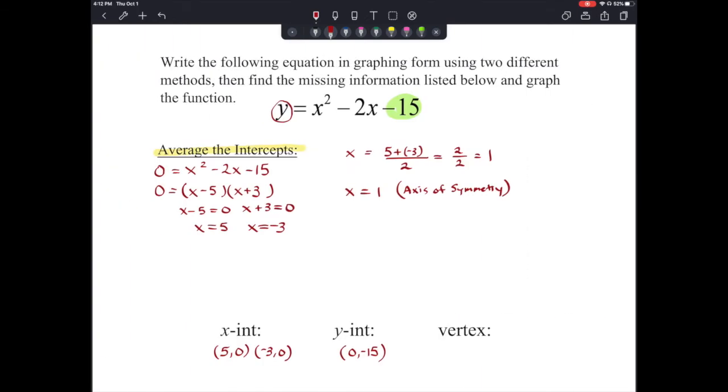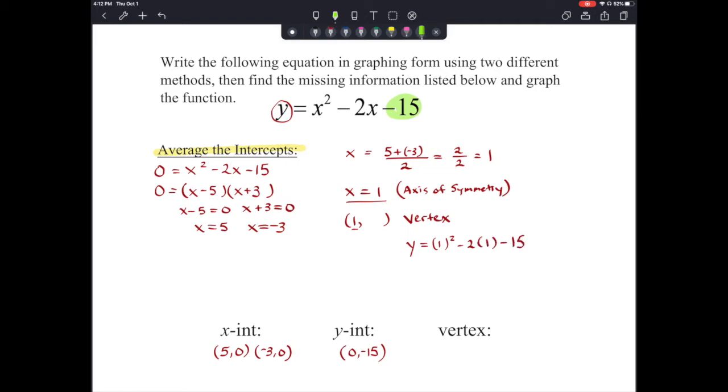Now that we know that this line, x equals 1, is where the vertex is going to be, we also know that our vertex is going to have the point (1, something). To find the y-coordinate, we'll just take this input, 1, and plug it into the function. y will end up equaling 1 squared minus 2 times 1 minus 15.